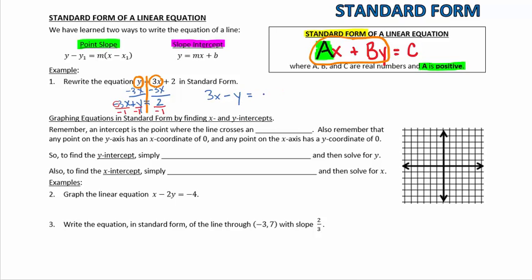And 2 divided by negative 1 makes negative 2. Now I've got this written in ax plus by equals c form. My 3 is my a. If I put a number in front of the y, I can just put a 1 there, so my b is negative 1, and my c is negative 2. That's the equation written in standard form. I had it written in slope-intercept form, and now it's written in standard form.